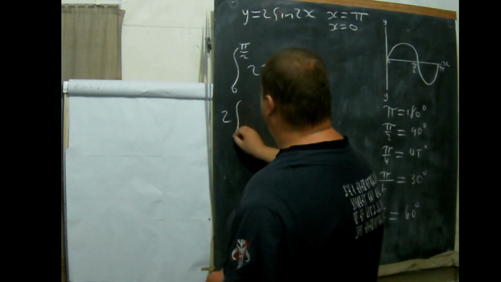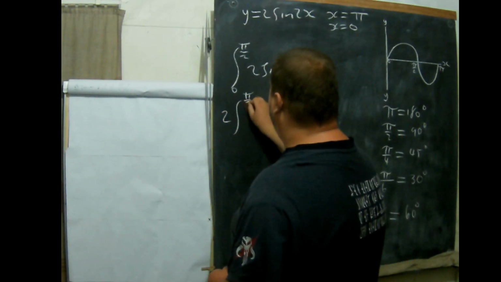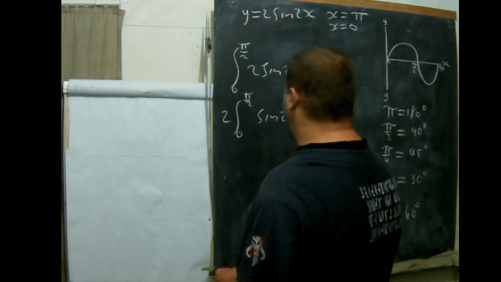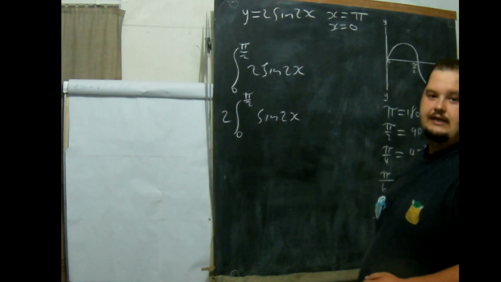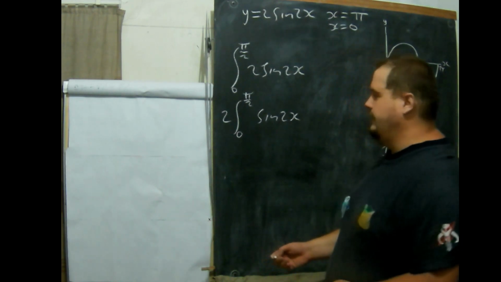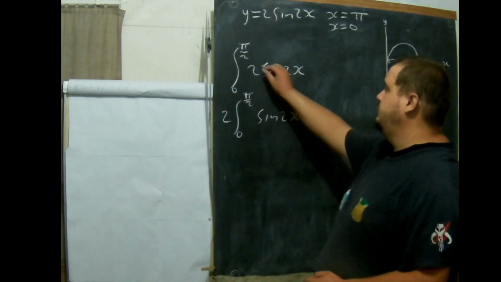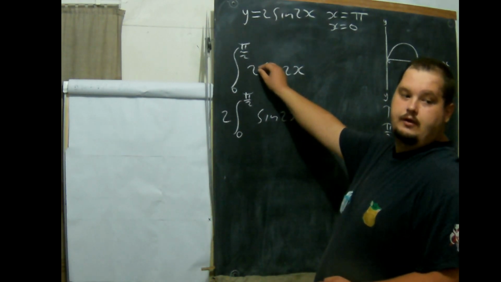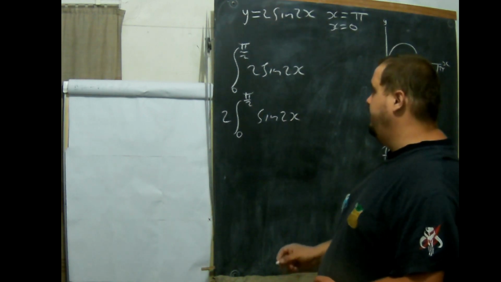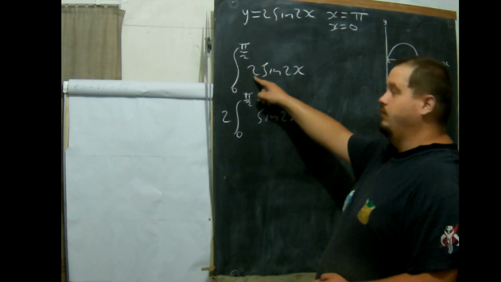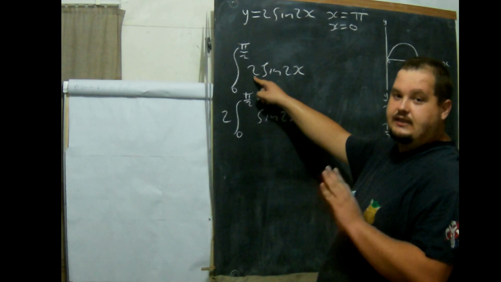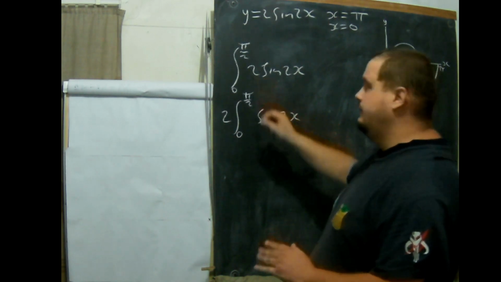So we have 2 times the integral of sine 2x, and we can integrate this a lot easier, because integration likes one term. Don't just try to integrate with the 2 inside. It'll be messy. Make this as easy as possible for yourself.